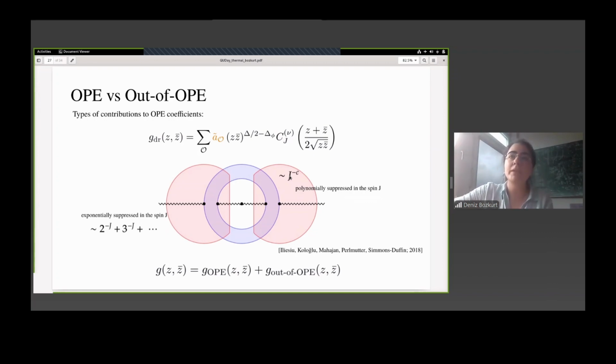And I should also mention that this is also what happens in the Lorentzian inversion formula. If you would use the Lorentzian inversion formula to compute the OPE coefficients, then again you would get the piece of the coefficient that is polynomially suppressed in large J.